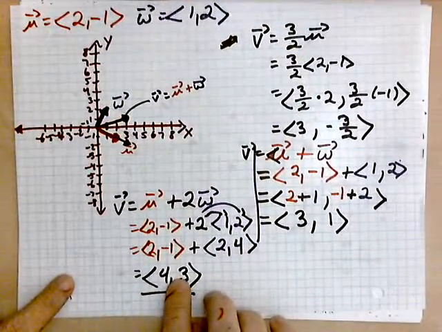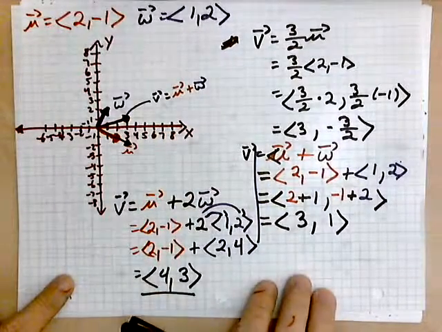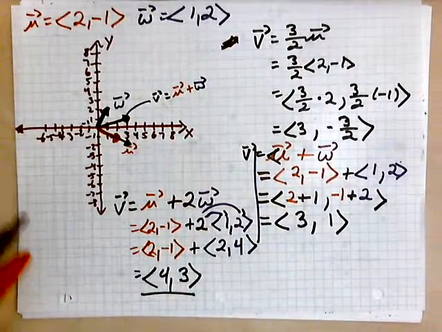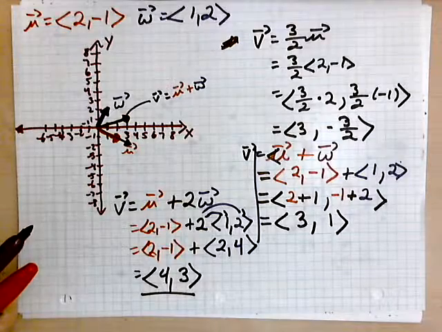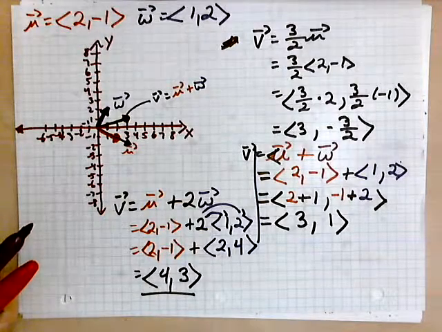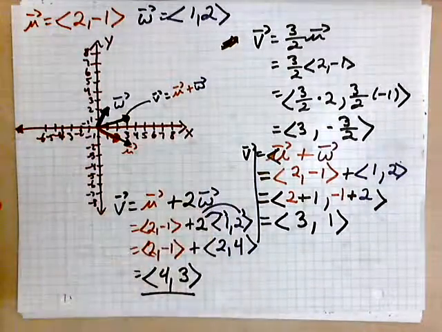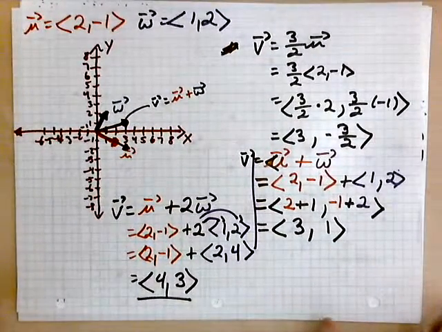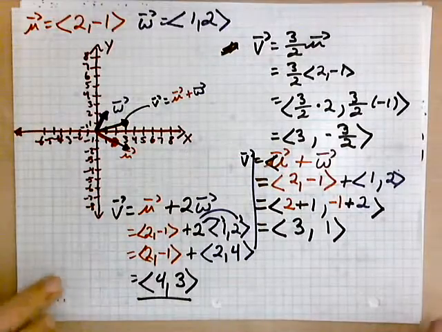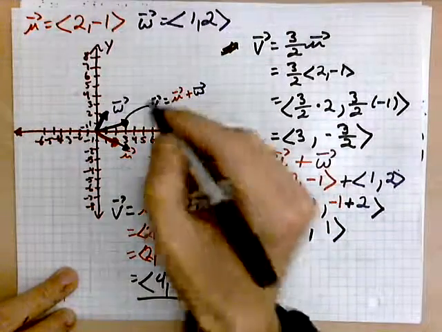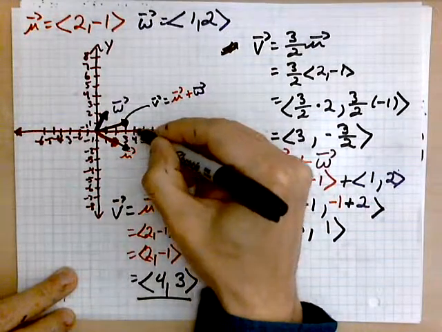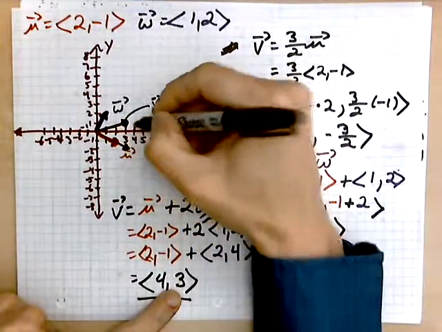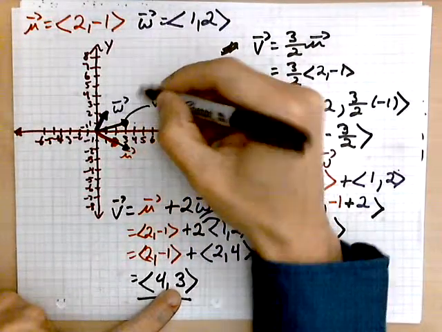Let's draw a picture of this new vector in the same coordinate space here. Although it's getting a little crowded, it might be helpful if you had several such grids to draw these vectors in each one individually. So the x component is 4, so you go over 4 to the right, and the y component is 3, so 3 up from there. 1, 2, 3.